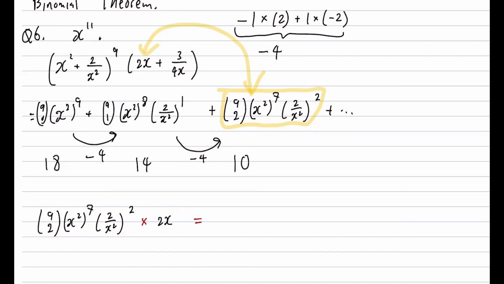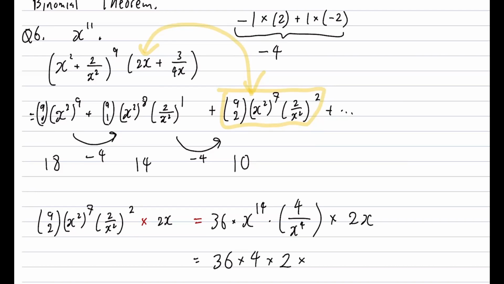So we just simplify. 9 choose 2. Using a calculator, I get 36. Multiply by x squared power 7, so power 14, times 2 squared over x squared. 2 squared is nothing but 4. So 4 over x power 4 times 2x. So it's just 36 times 4 times 2 times x power 14 plus 1 minus 4, which is 11, as expected.